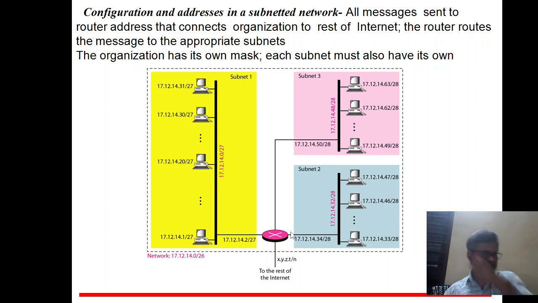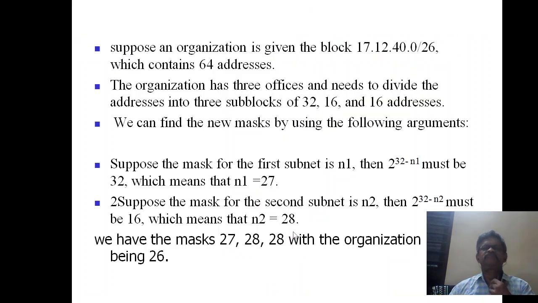A subnetted network. An organization is given a block 17.12.40.0/26 which contains 64 addresses. Now this organization has 3 offices and needs to divide the addresses into 3 subblocks of 32, 16 and 16 addresses.